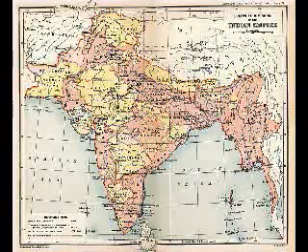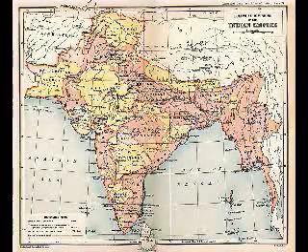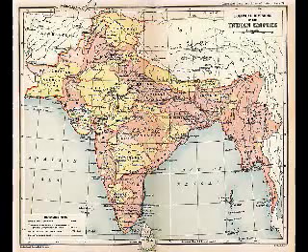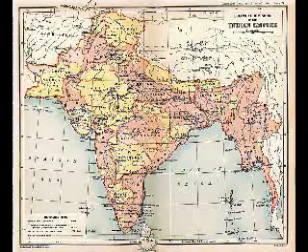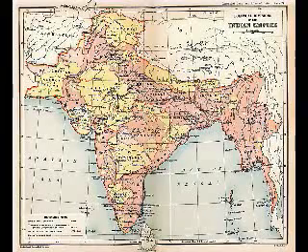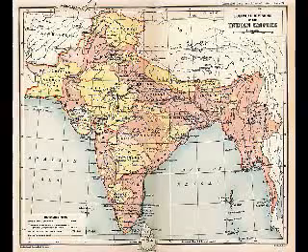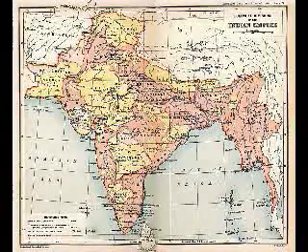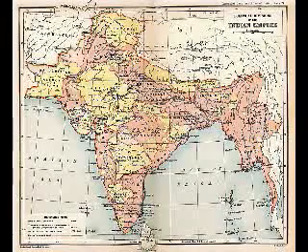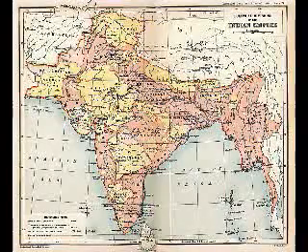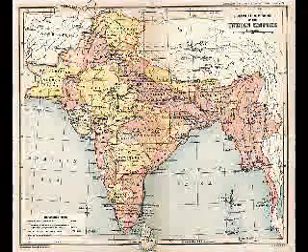1. The proportion of Europeans in the army was raised. In 1857, there were 40,000 Europeans and 215,000 Indians.